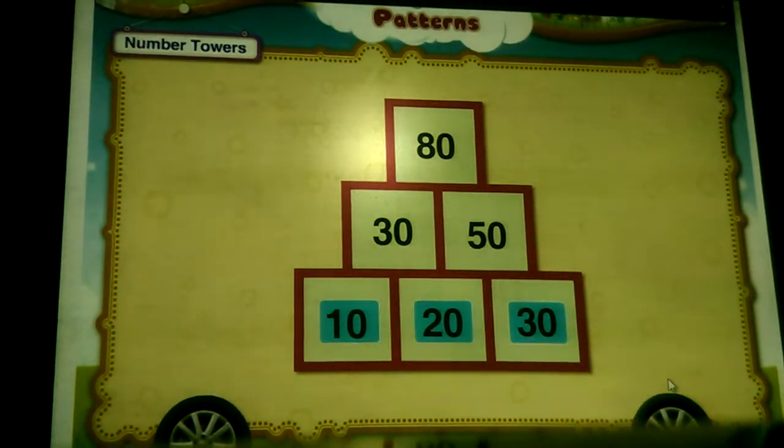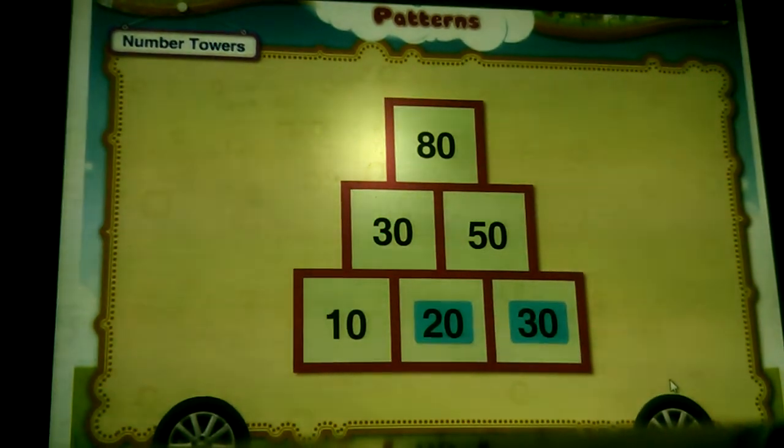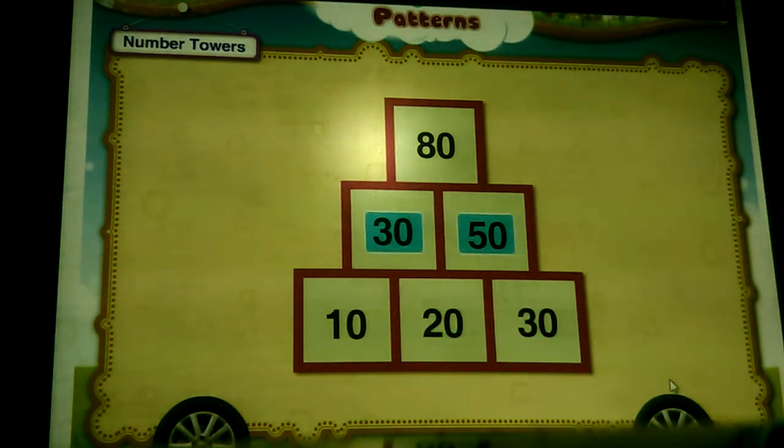The sum of the first 2 numbers, that is 10 and 20, is written above these numbers at the center of these 2 numbers. In the same way, the sum of 20 and 30 is 50, which is written above these 2 numbers. Again, 30 and 50, when added, will give 80.